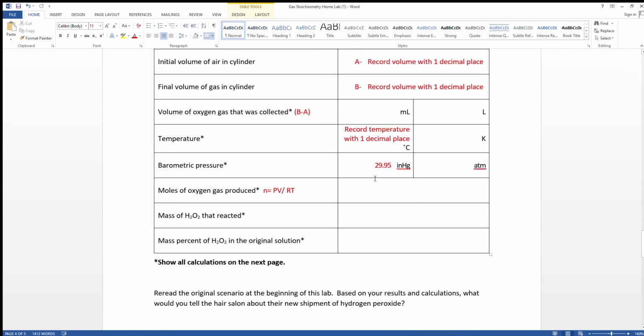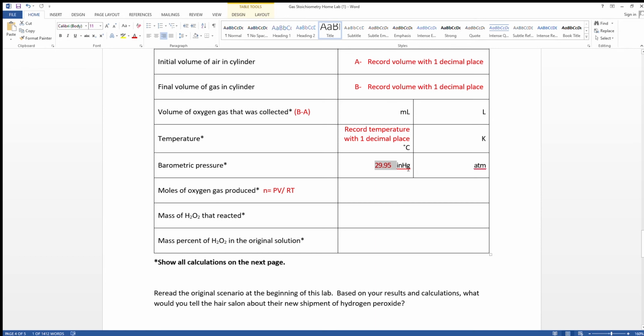Barometric pressure, you need your computer or cell phone to look up the barometric pressure at the time of the experiment. So I checked the barometric pressure when I performed the experiment, and it is 29.95 inches of mercury. This number will be different for everyone. So you will be taking the barometric pressure at your location and at the time when you are performing this experiment.